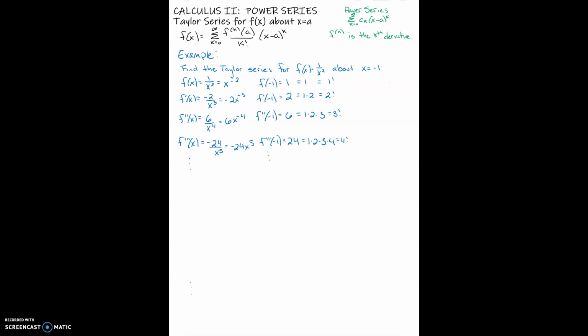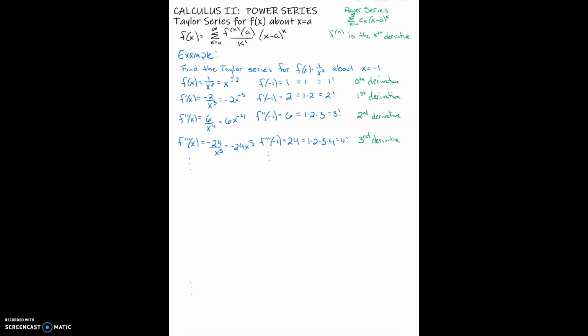So notice again that this is the third derivative, which gives us 4 factorial, or the second derivative, which gives us 3 factorial. The first derivative, which gives us 2 factorial. You can say the 0th derivative, if you will, gives us 1 factorial.